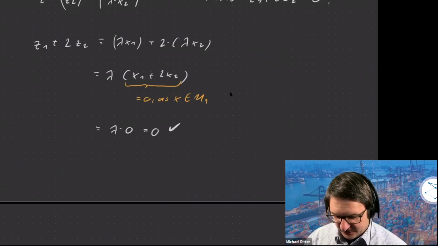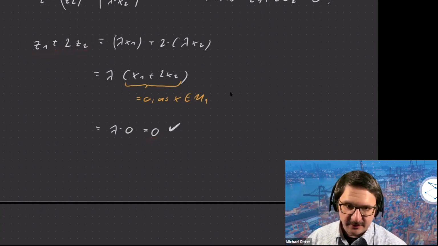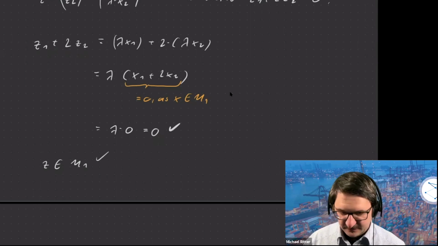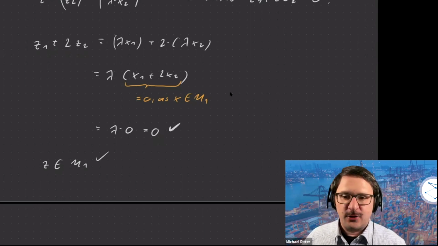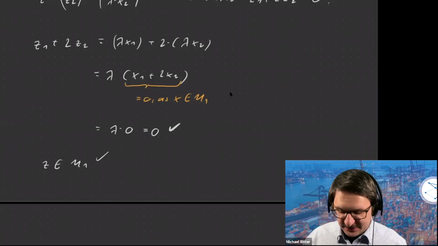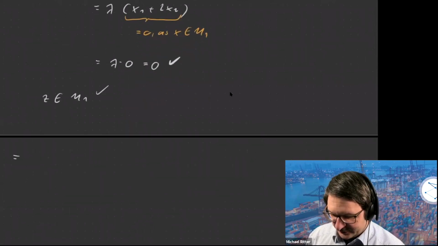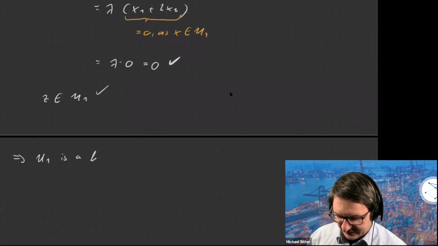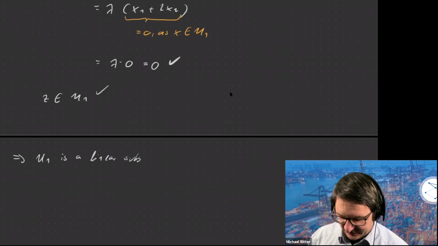So we have again seen that this expression here is equal to 0. And that means C is contained in U1. So we have shown that U1 is closed with respect to scalar multiplication, and it's closed with respect to vector addition, and it's not the empty set. And from those 3 points, we can easily conclude that U1 is a linear subspace of R2.